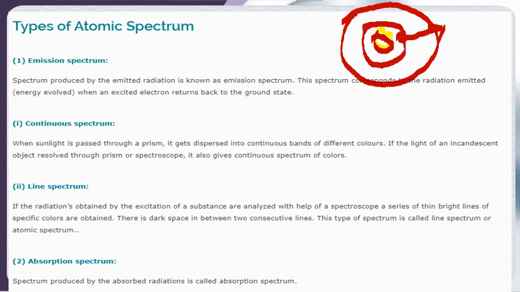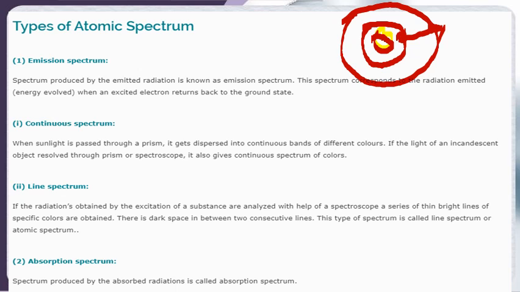To move to the upper level from the ground state, it has to absorb an amount of energy. So you have to heat the system, or heat this atom, or give it light, so that this electron will become excited. It will absorb an amount of energy, and it will move to the higher energy level, right?